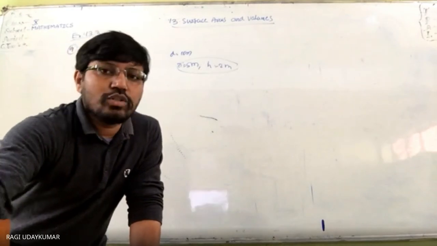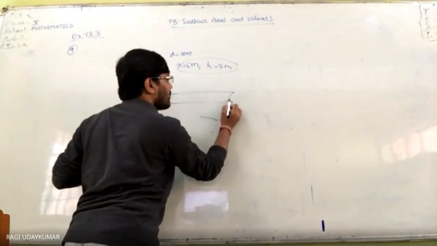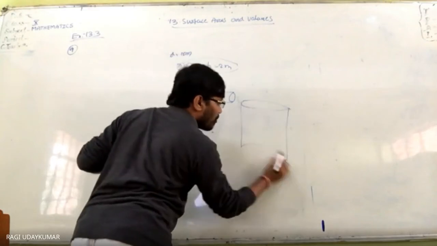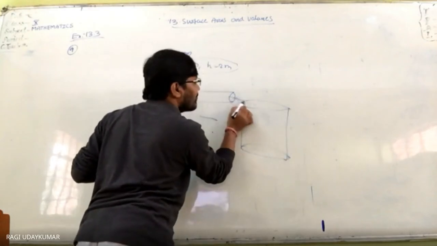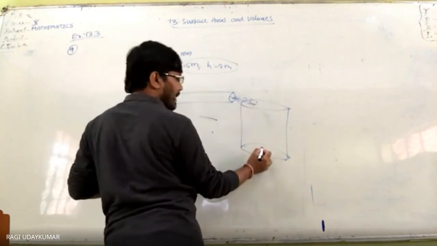I will explain you the question on the board here. Picture just a pipe like this, पाइप से एक सिलिंड्रिकल टैंक में पानी आ रहा है. The water is flowing like this. So इसका radius is given to you.